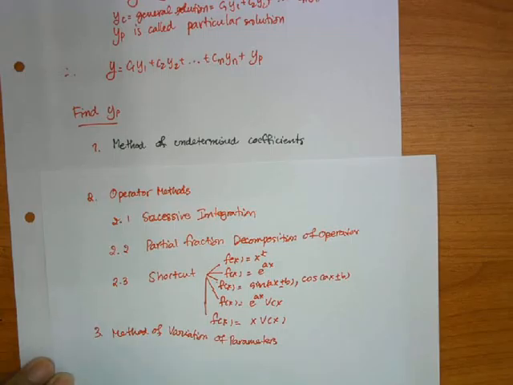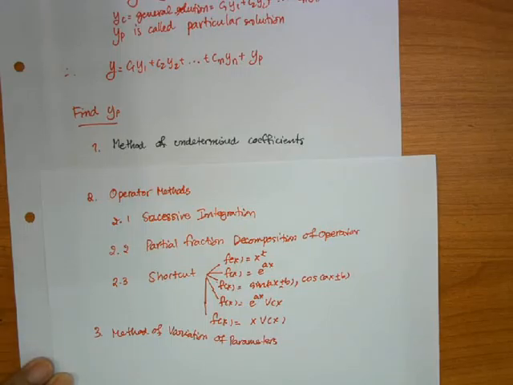So these 3 methods are the way to find yp. For a non-homogeneous differential equation, your solution combines 2 different parts, yc and yp. You learned from the previous lecture how to find yc. You set up the characteristic equation and find the roots m, and then the answer goes by case. We have 4 different cases to find yc.